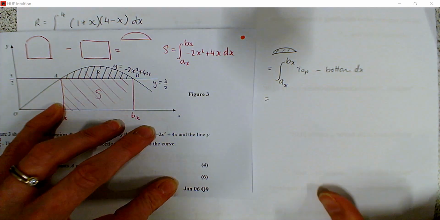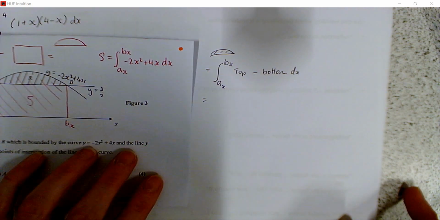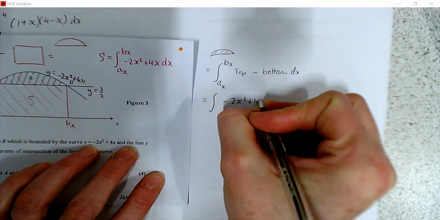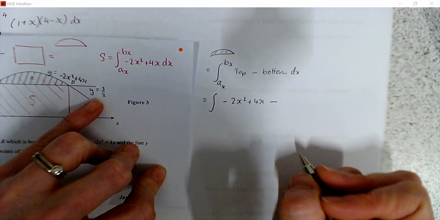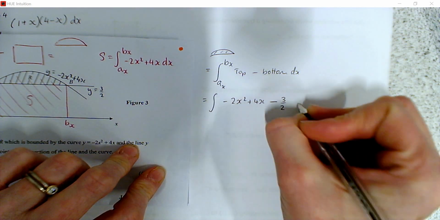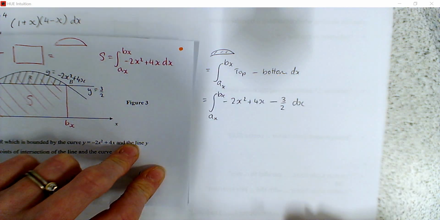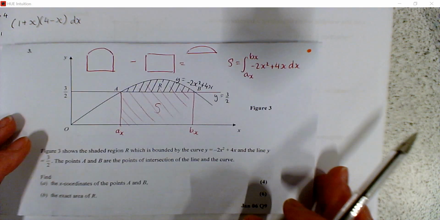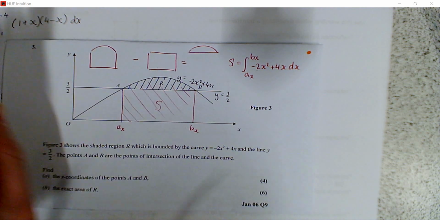Okay, so the top equation was the minus 2x squared plus 4x, and then the bottom equation is y equals 3 over 2. Okay, so that would do the same as if you did the integral for just the curve, take away the rectangle, it gives you the same answer.